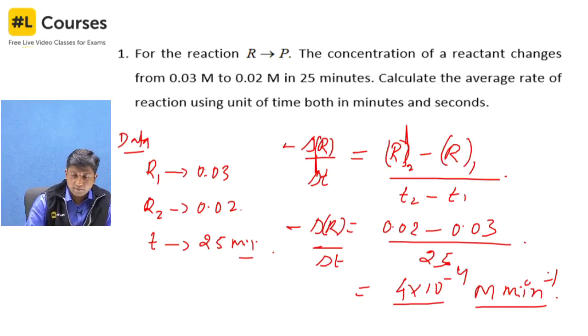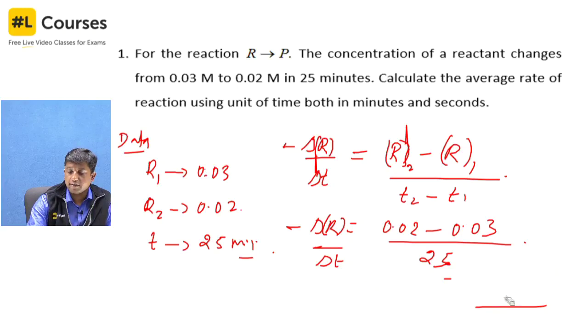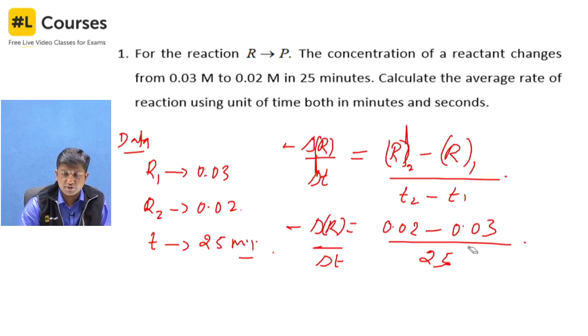Now, in the same problem, let us calculate with respect to seconds. Students, if I want to calculate the average rate with respect to seconds, you convert 25 minutes into seconds.